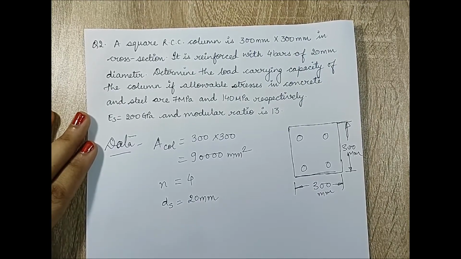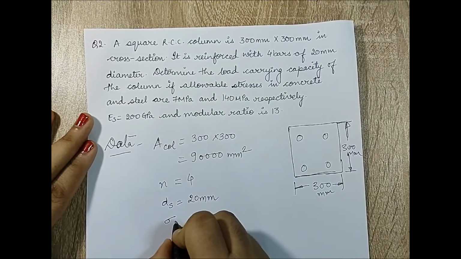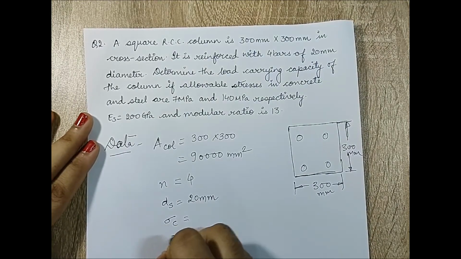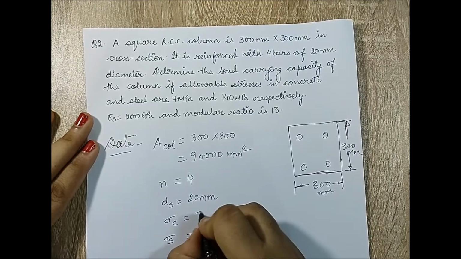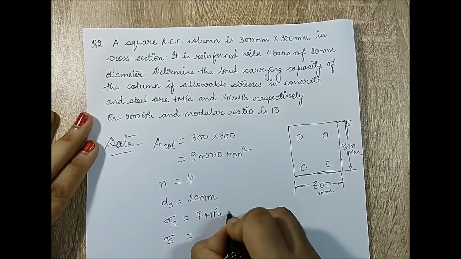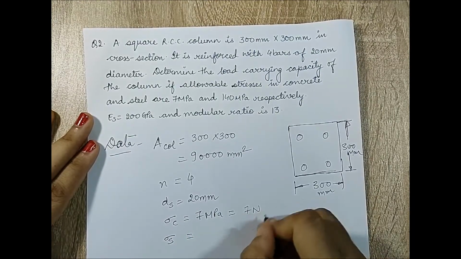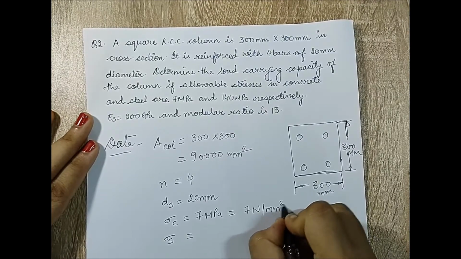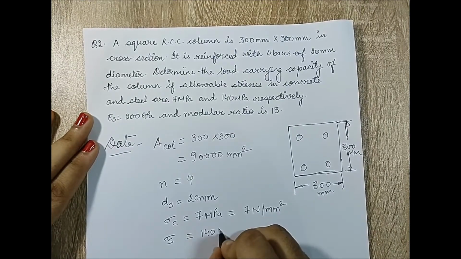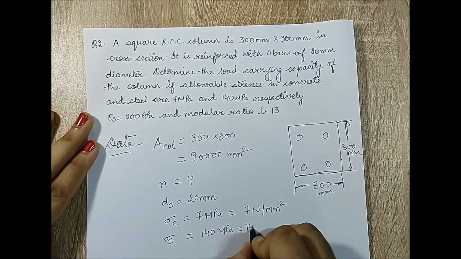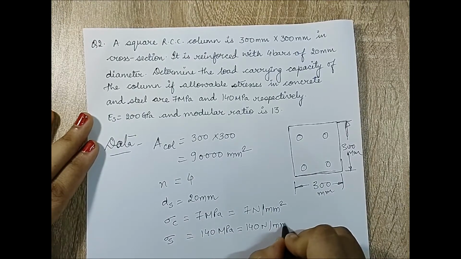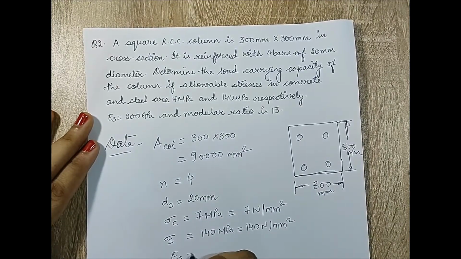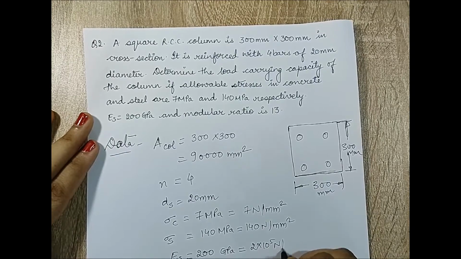If allowable stresses in concrete and steel, this is very interesting because sigma of concrete and sigma of steel is known to me. So it is 7 MPa, which is 7 Newton per mm square, and 140 MPa, which is 140 Newton per mm square. E of steel is given as 200 gigapascal, which is 2 into 10 raised to 5 Newton per mm square.